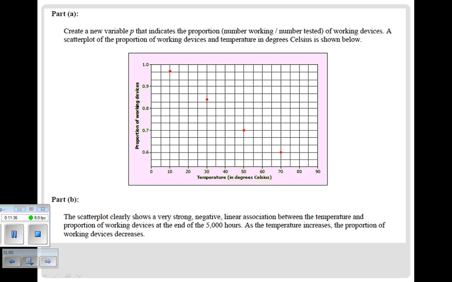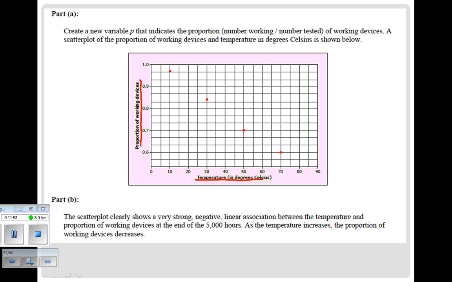So here, remember that you have to have two variables that are quantitative. If you do not have quantitative variables, you cannot make your scatter plot. So you had to create a new variable p that indicates the proportion, the number of working over the number of tested. And that's what you're going to put on the y.